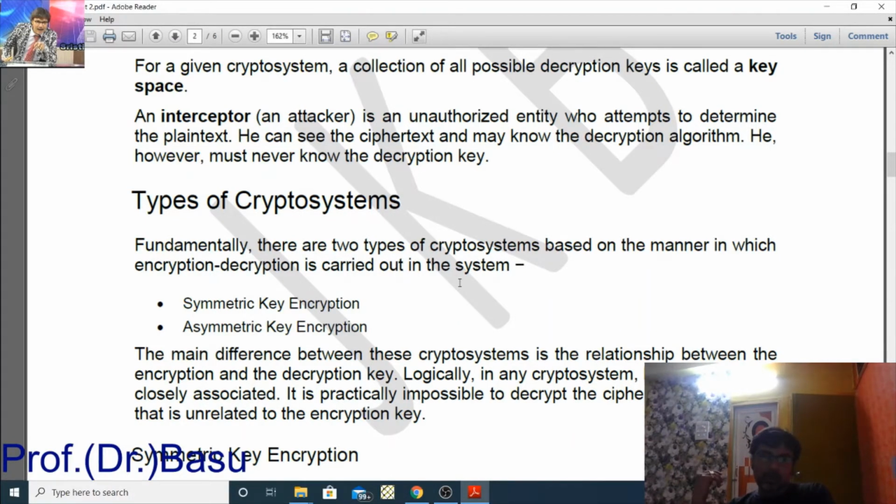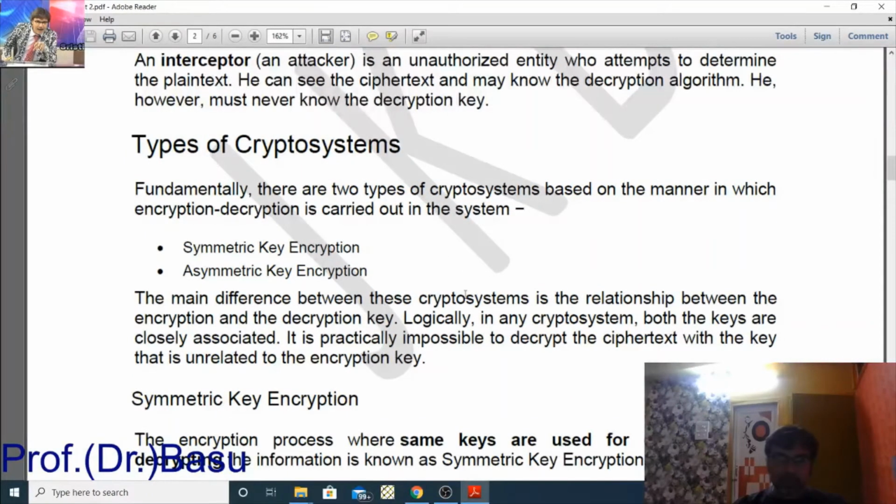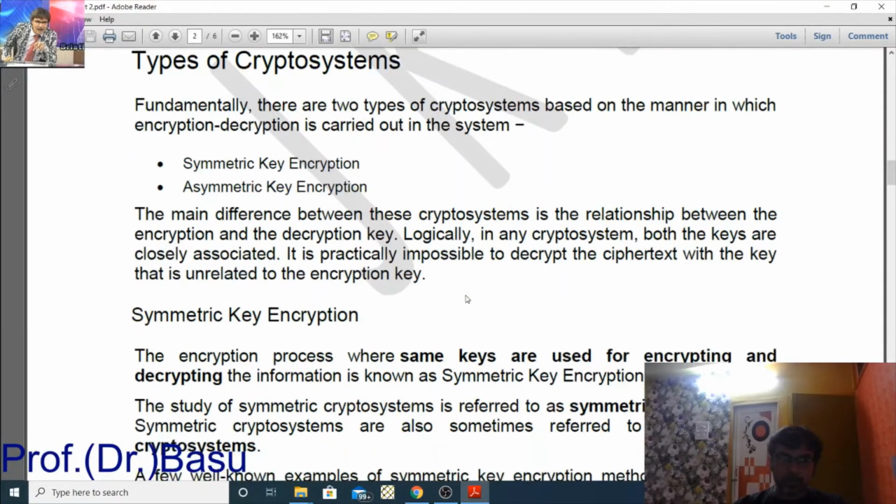One is symmetric key encryption and another is asymmetric key encryption. In symmetric key encryption, sender and receiver use the same key, but in asymmetric key encryption, the key differs. Sender and receiver use different keys. They don't agree on the same key.